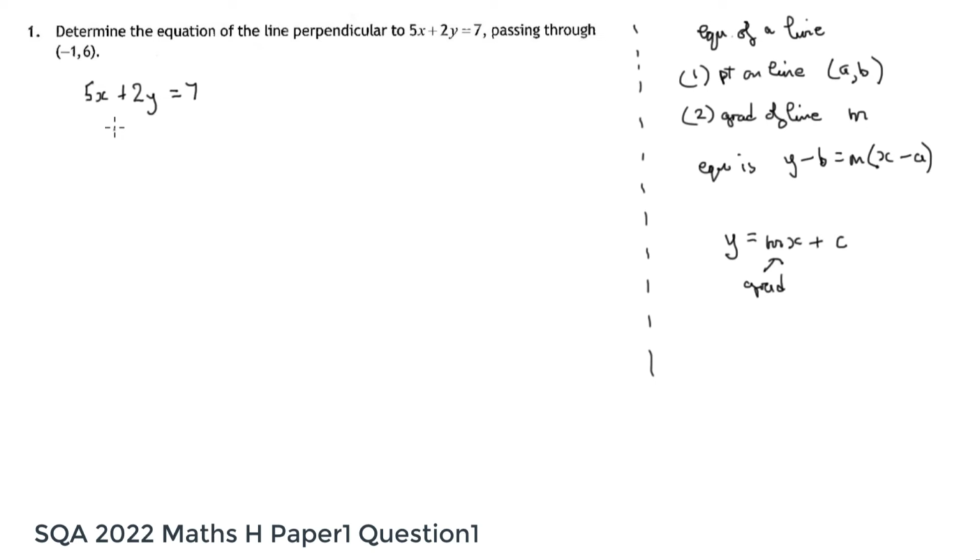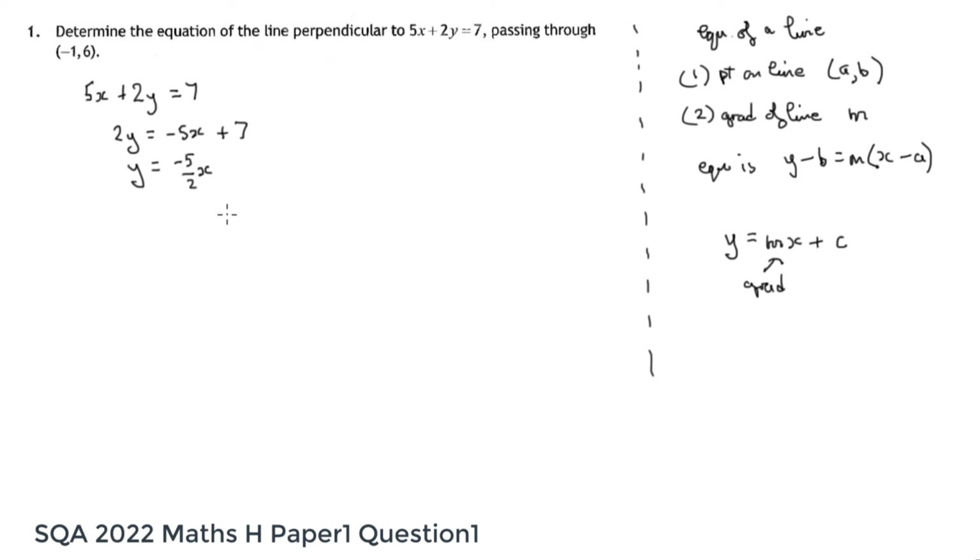So let's take 5x from both sides. Now take away 5x. We've still got that 7. And let's divide both sides by 2, so we'll divide each term here by 2. So it's -5x over 2.